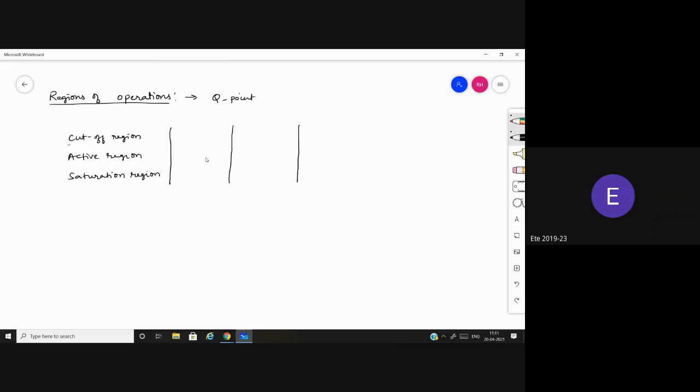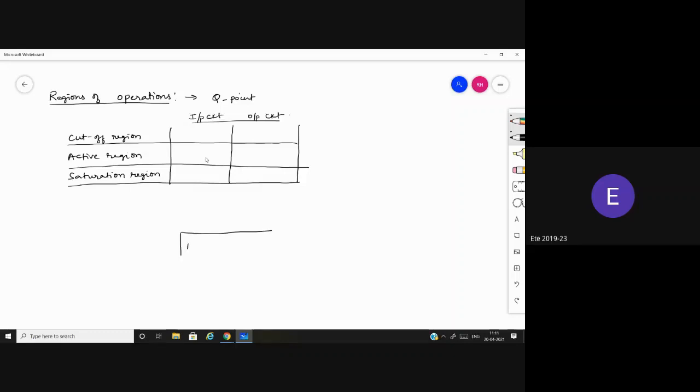Suppose I want my circuit to work as an off switch, then how do I need to connect my input circuit and output circuit? So if I take an NPN transistor, so I have taken an NPN transistor.